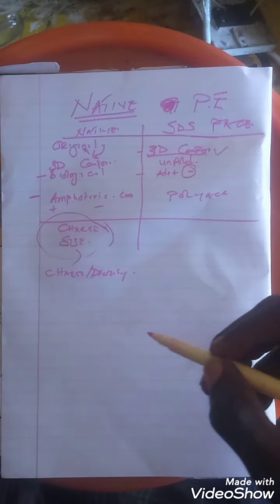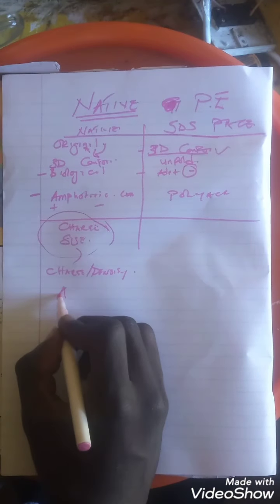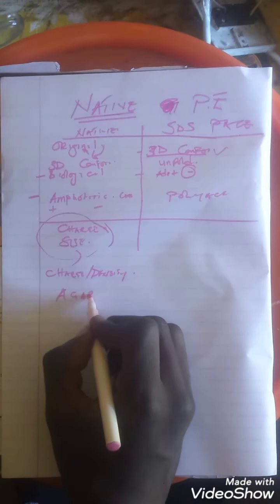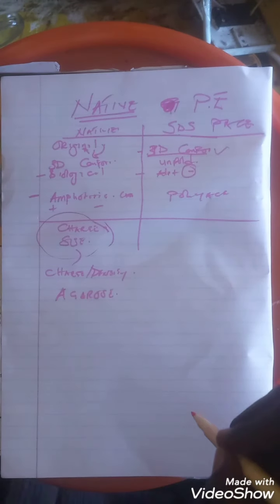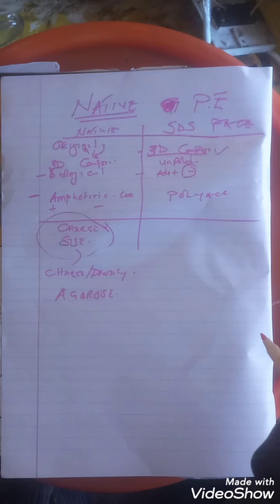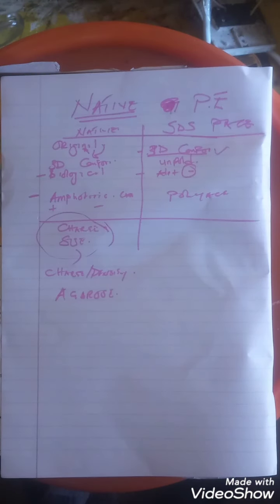Now depending on what gel you are using, but in this native protein electrophoresis, the gel used is agarose. If you remember, we said polyacrylamide is special because the pore size can be manipulated, but it is completely different with agarose.